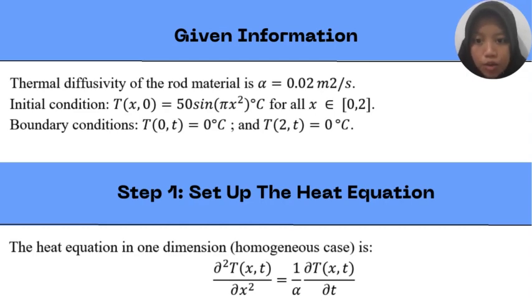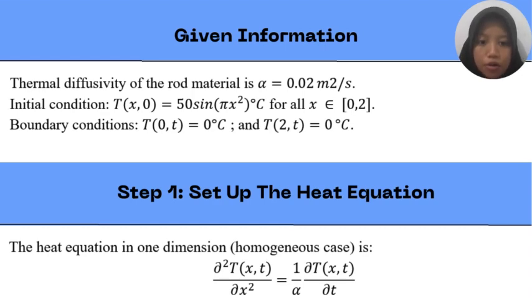And then we know that the initial condition T(x,0) is equal to 50 sin(πx/2) degrees Celsius for all x, where x is in 0 to 2. And then the boundary condition for T(0,t) is equal to 0 degrees Celsius, and for T(2,t) is equal to 0 degrees Celsius.